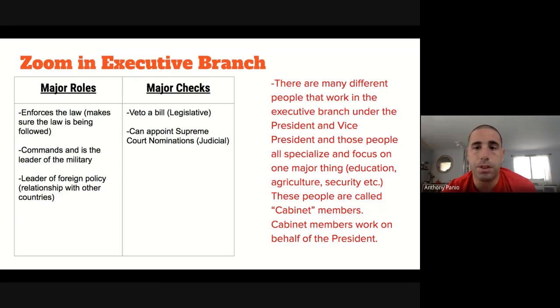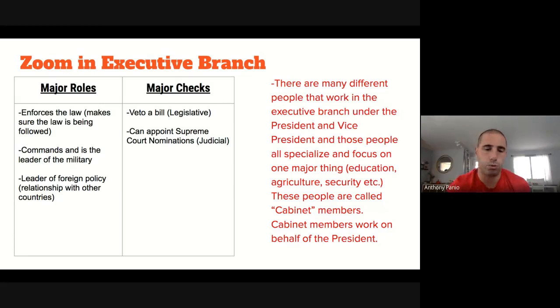This particular branch of government is really led by the president. Everyone reports to the president. Even though the president doesn't make every single decision, he makes the final decision. So whether you're the vice president or the people in the cabinet, you're all going to report to the president. Let's quickly go through what the cabinet is.